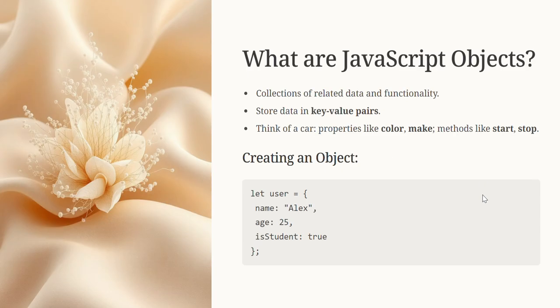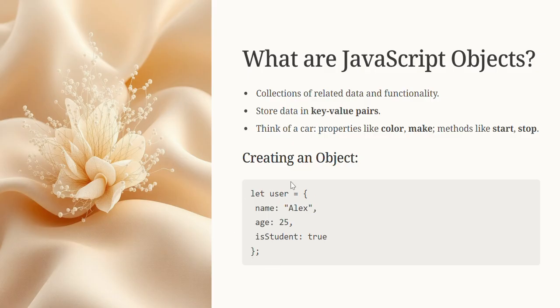So, initially, what are JavaScript objects? They are nothing but a collection of related data and functionality. They store data in key value pairs. For this example, let us consider let user = name Alex, age 25, isStudent true.